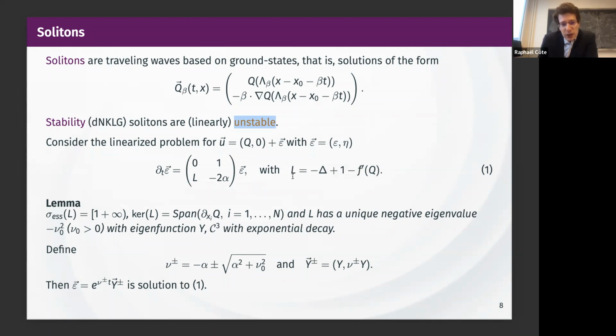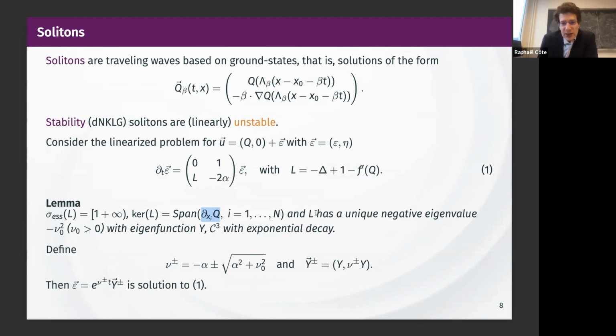As Q is decaying and f prime tends to 0 at infinity, this is a compact perturbation of minus Laplacian plus 1. So it has essential spectrum [1, plus infinity). It also has eigenvalues, but not in the continuous spectrum, which are given by derivatives of Q. This is linked to the invariance of the equation under space translations.